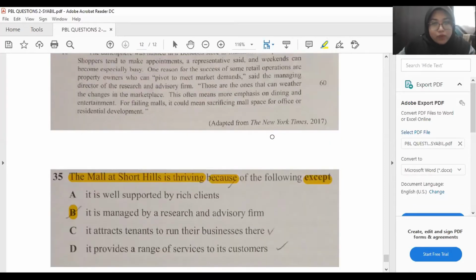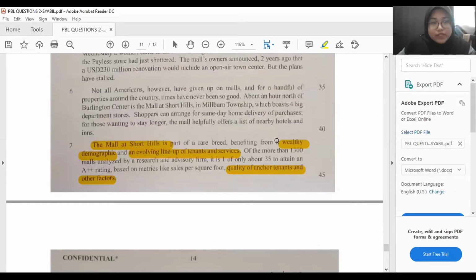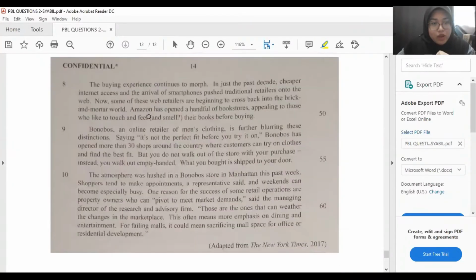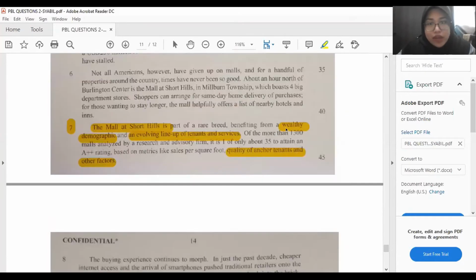Then we skim through the passage and find that in paragraph 7 the mall of Short Hills is mentioned, and it says it has a wealthy demographic, a lineup of tenants and services, a quality of anchor tenants and other factors.